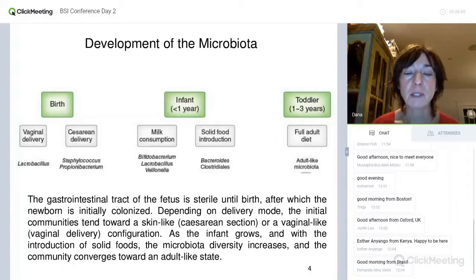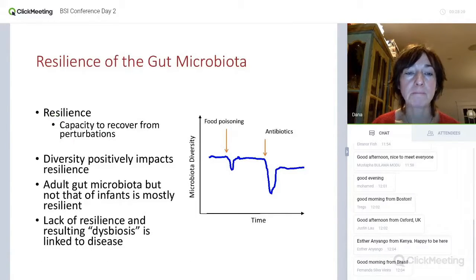So it's really this neonatal period that's important for the development of the microbiota, because it needs to go through these different stages and build this diversity that, as we'll talk about in a moment, is very important for the resilience of the microbiota.